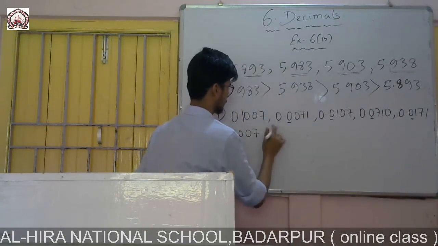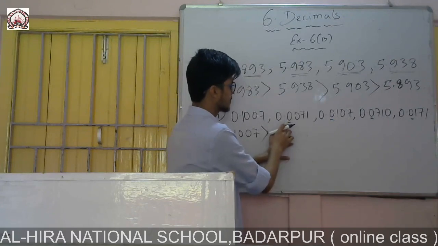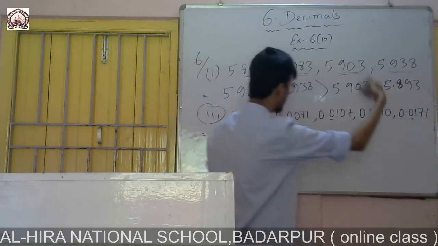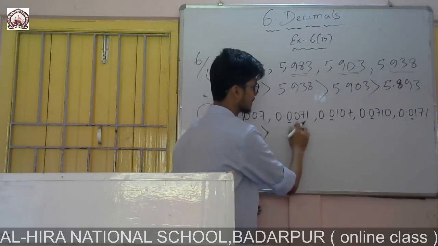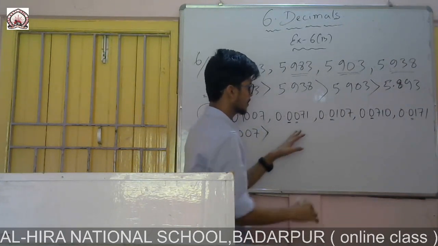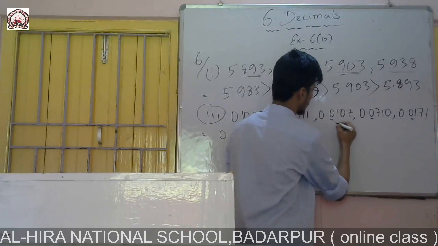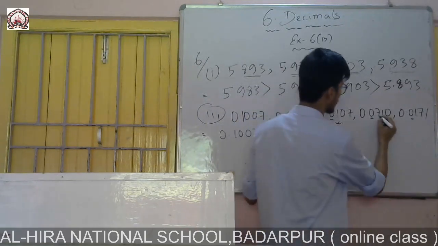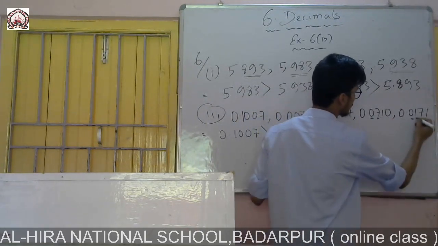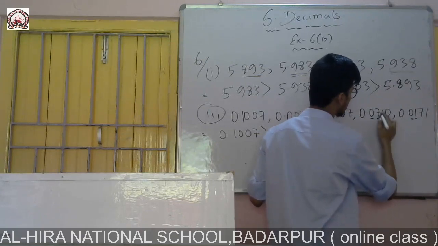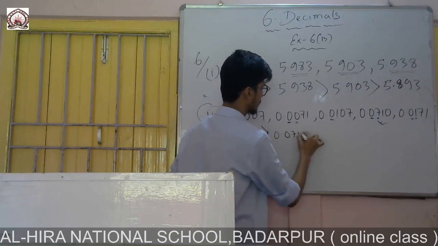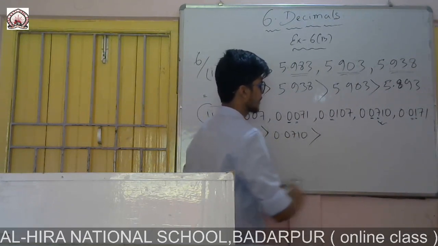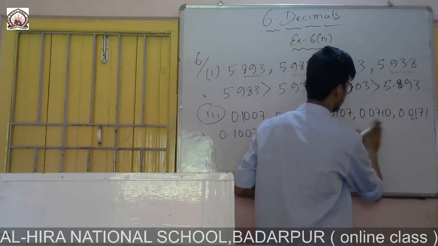After 0, check which one has what. After 0, there it is 0. This is smaller. After 0 it is 1. After 0 it is 7. And after 0 it is 1. So which one will be greater? After 0 it is 7. So 0.0710, this one will be greater. Okay, this one also finished.